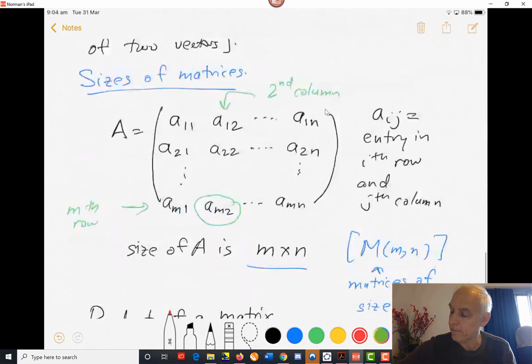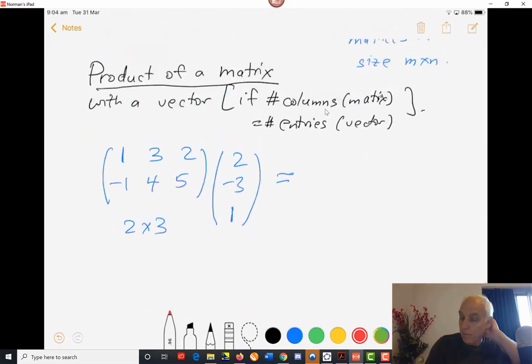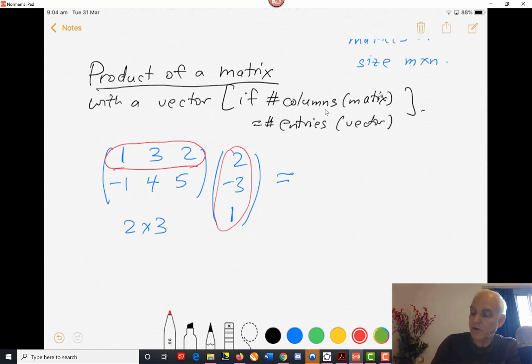So let's go back to here. We want to look for row vectors that we can multiply by column vectors. So here is a row vector, and here's a column vector. We multiply these two together and we get 1 times 2 plus 3 times minus 3 plus 2 times 1.